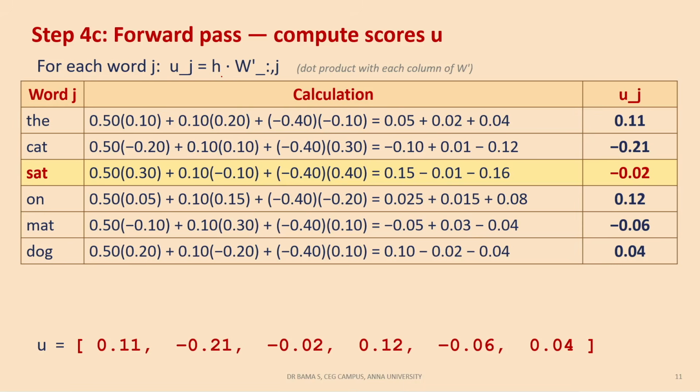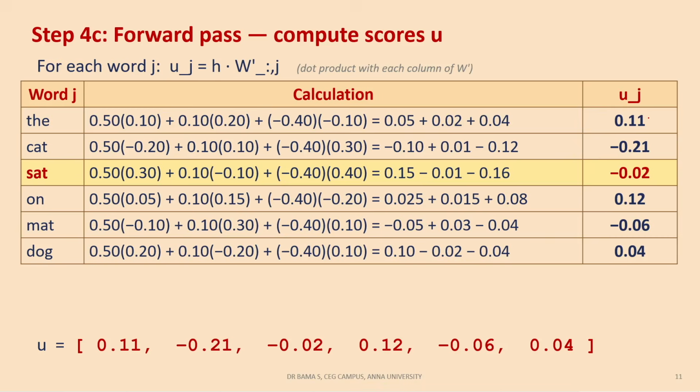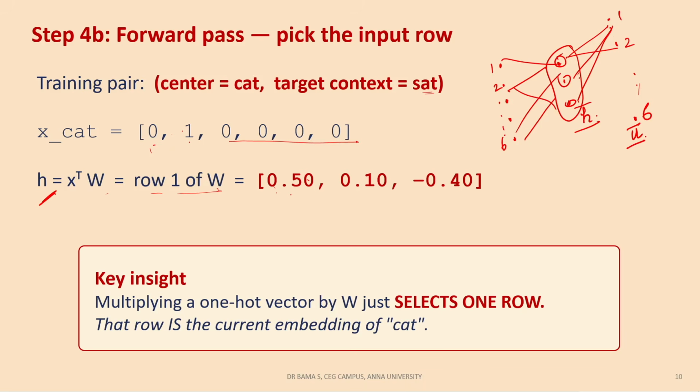The H is at this stage, and U is got at this stage. So U is H multiplied by W dash. W dash is the weights at this region, W is the weights at the first part, and W dash is this part.